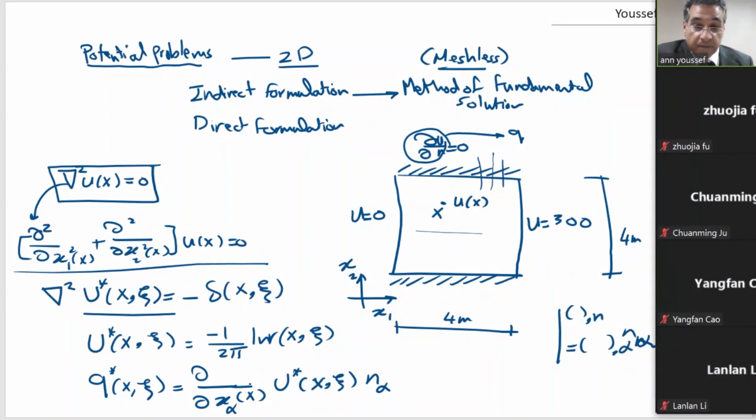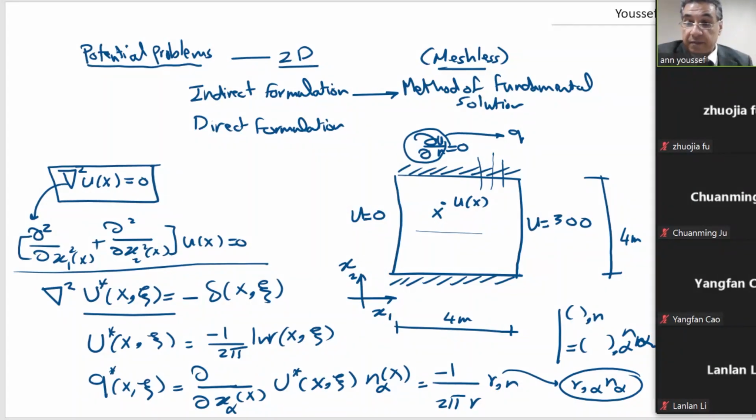This is what I did here: I differentiate with respect to x alpha times n alpha of x. When we do that, it's very easy. The derivative of ln is 1 over r, and the derivative of r is r comma alpha times n alpha, which gives r comma n. So directly, we will have 1 over 2 pi r times r comma n.